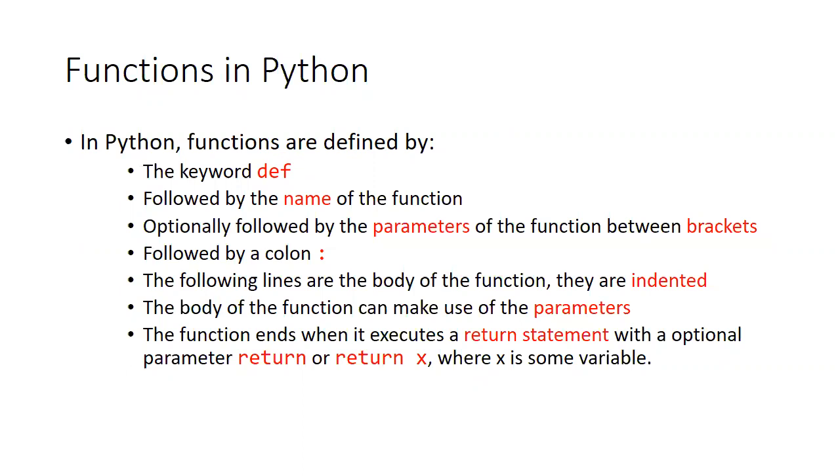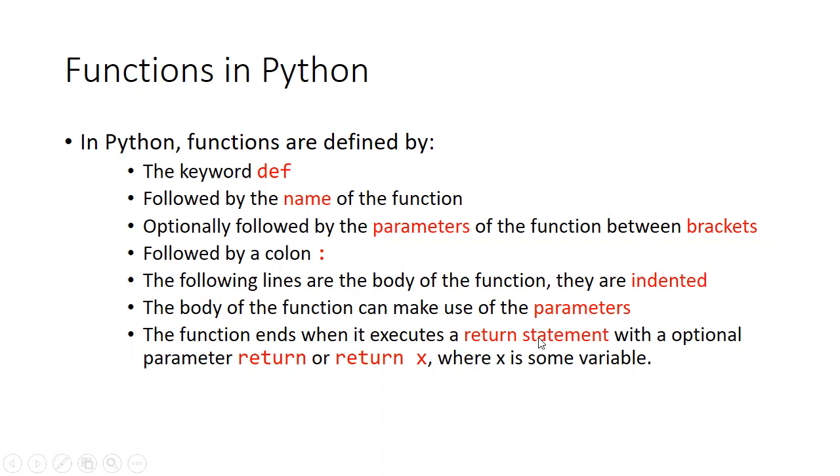So when we want to create a function, we say def, we give it its name, then we add brackets, and inside the brackets, we'll put the names of any arguments, parameters that we want to input into that function, and then we finish the line, which is the header of the function, with a colon. That should be familiar to you, the idea of using the colon. We use that with all of our control structures in Python, and we certainly use it when we're creating a function. Then everything after the colon should be indented by at least one indent space. That will all be part of the function, everything that's indented after the colon.